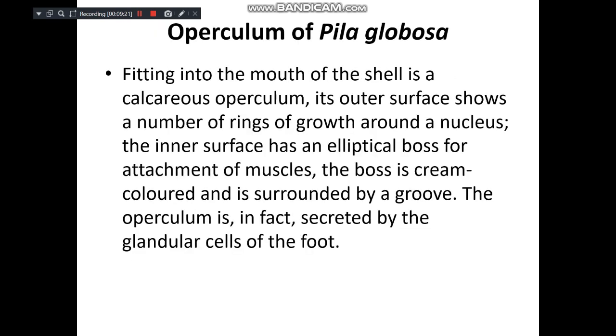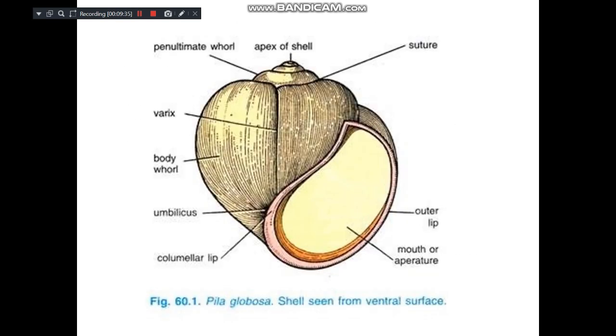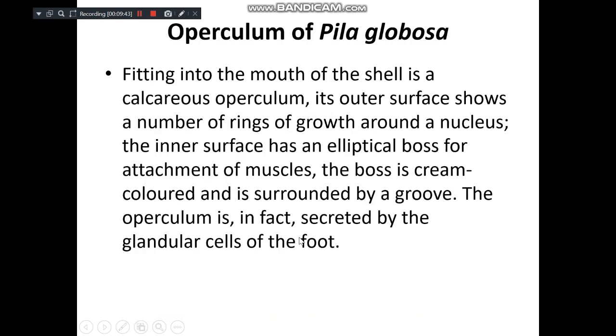Then the operculum fitting into the mouth of the shell is a calcareous operculum. Its outer surface shows a number of rings of growth around the nucleus. See, this is the apex. Here you can see the growth lines.